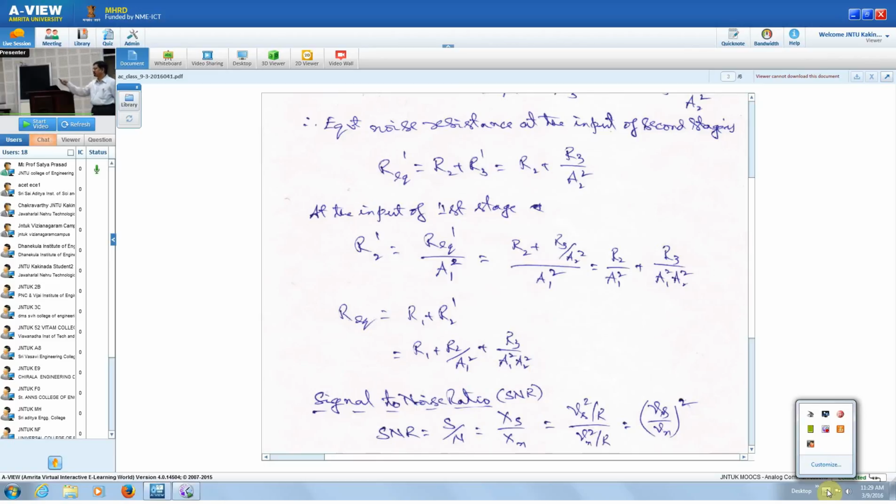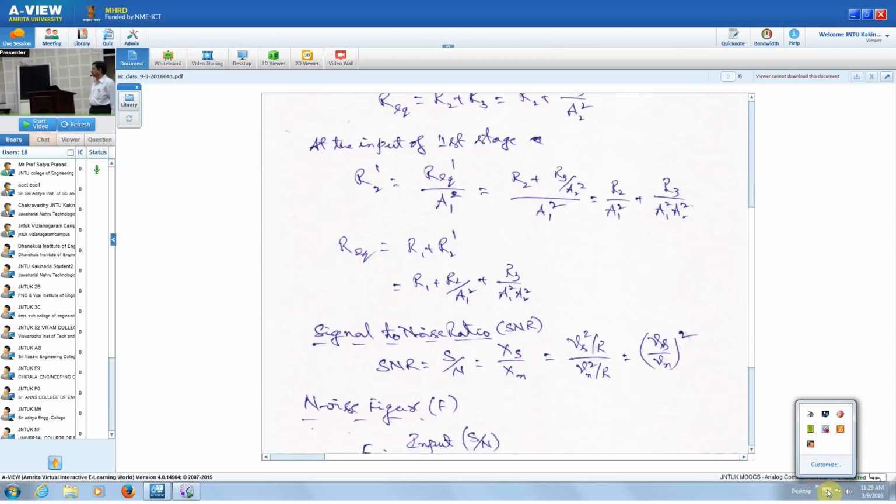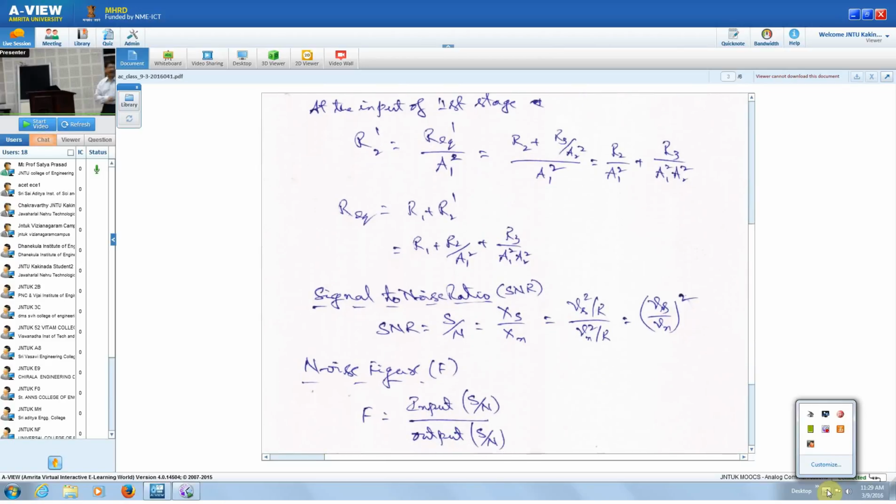So like this, you have a cascaded system with different resistances. You can calculate the overall equivalent noise resistance, so that you can calculate the voltage that is going to develop in the overall circuit with all these cascaded amplifiers.